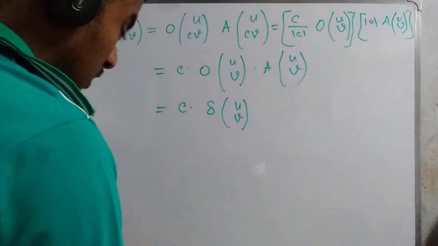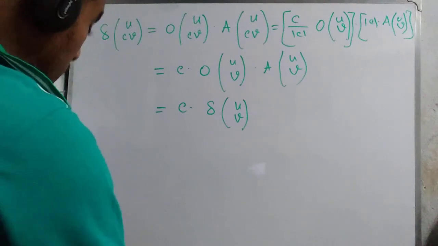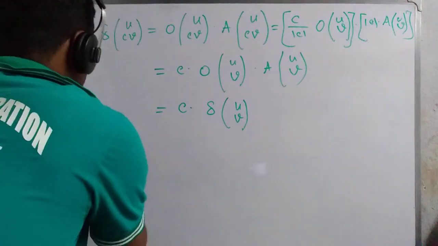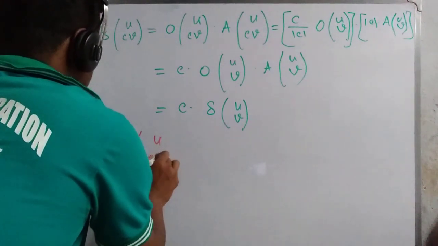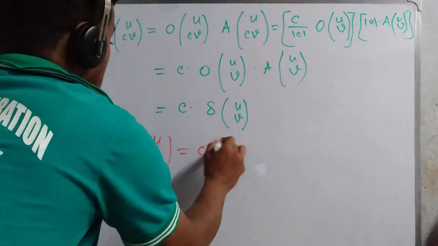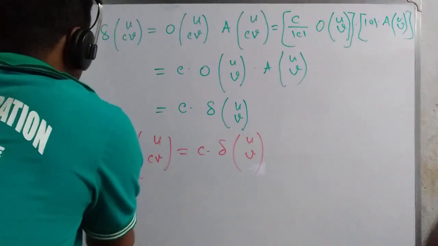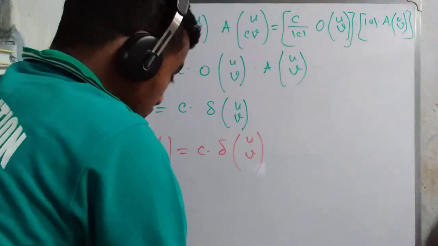Understood? Not a problem at all. So delta (U,CV) equal to C delta (U,V). We also prove this one.